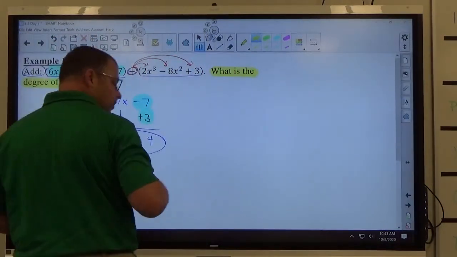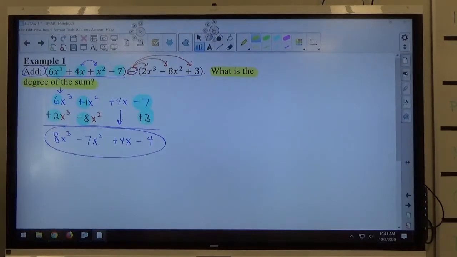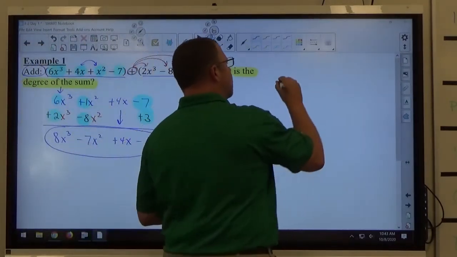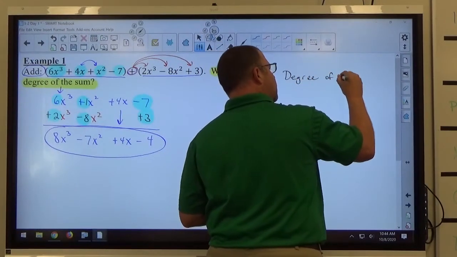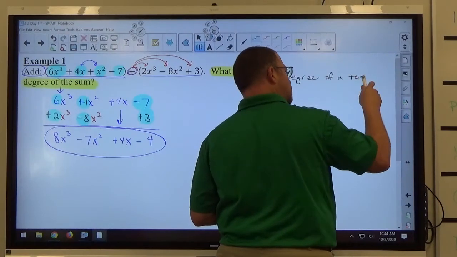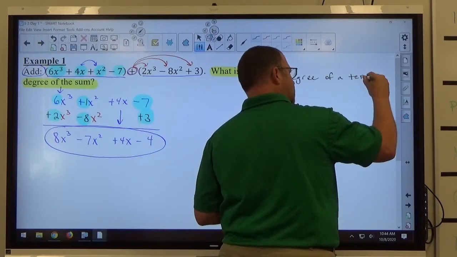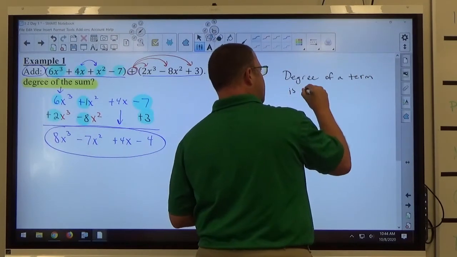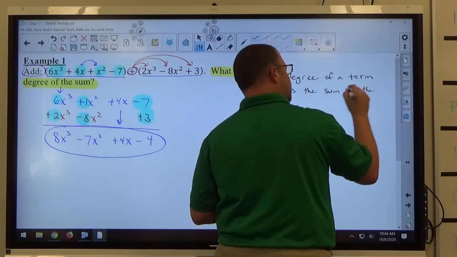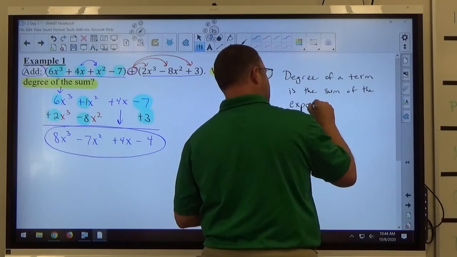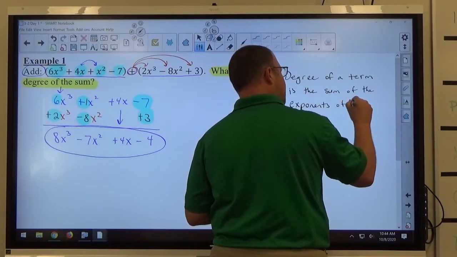Okay, a little vocabulary for you. Degree of a term, let's start there. The degree of a term is the sum of the exponents of the variables.